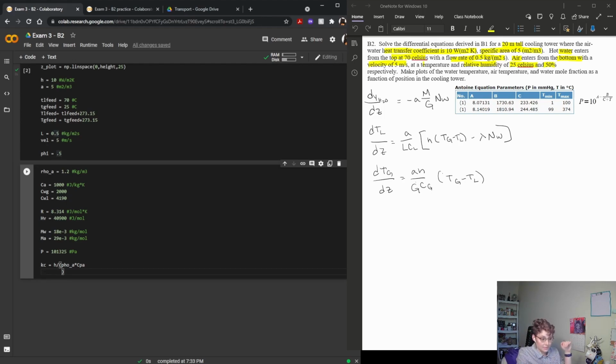And so after determining the saturation pressure with the Antoine equation, we can then substitute the relative humidity and the saturation partial pressure of the water instead of the actual partial pressure of the water. Before this, I already looked up the Antoine equation and its A, B, and C parameters.